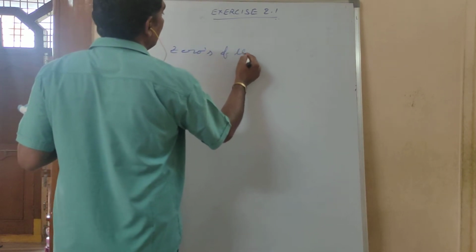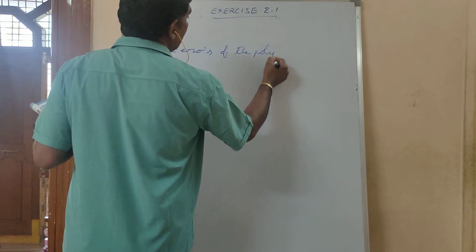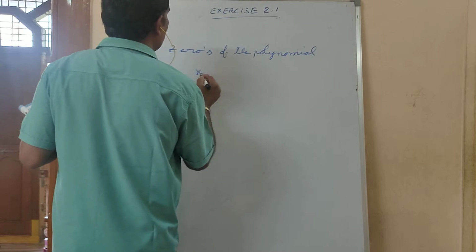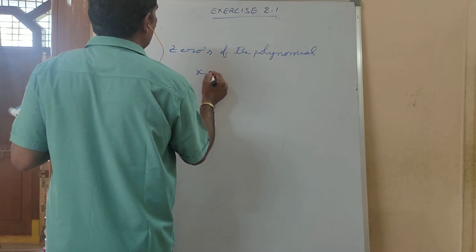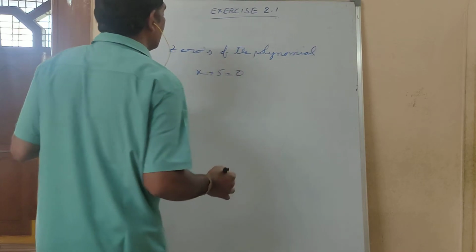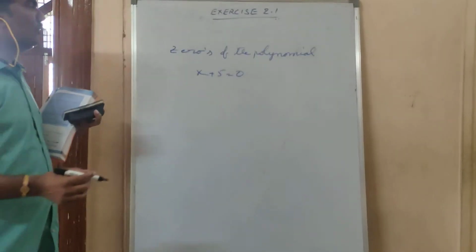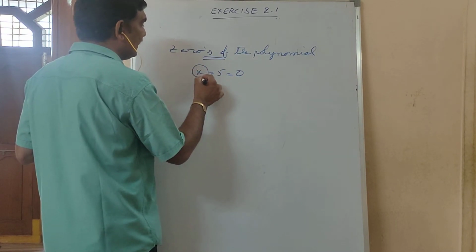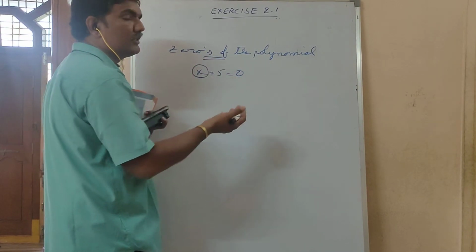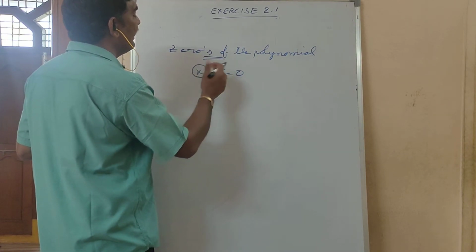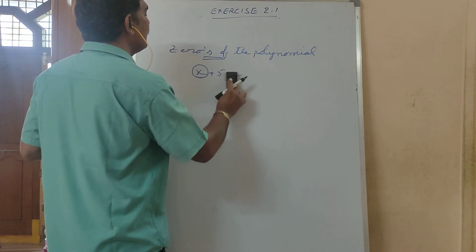First we should know the meaning of this one. So here, what is the meaning? X plus 5 is equal to 0 is there. So zero of the polynomial means in place of x, what value you have to substitute to make the entire equation 0.